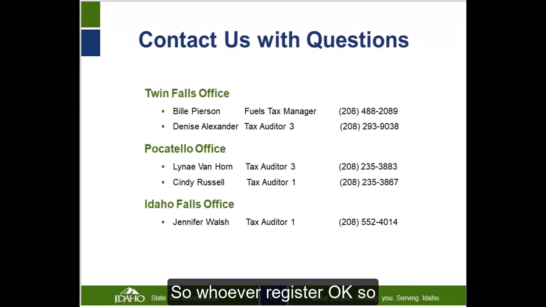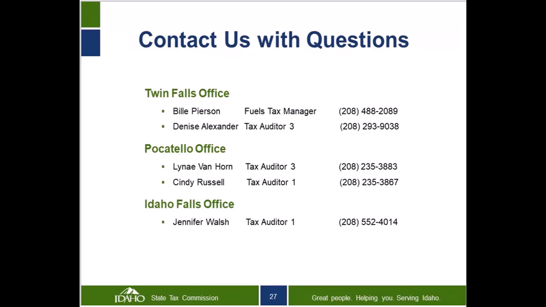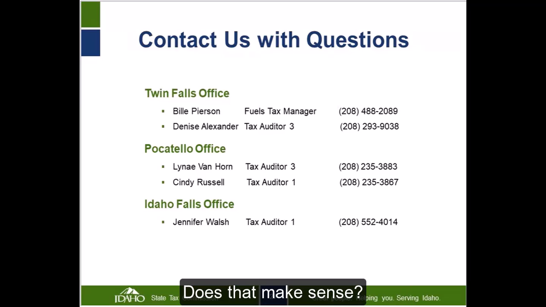So if the IFTA is filed by one person and the IRP is filed by another person, they're still the same set of miles, so they'd still have the same record-keeping requirements. The person that is filing the IFTA would need to retain the fuel receipts, the tax-paid fuel receipts. Does that make sense? Well, let's move on to the next one.